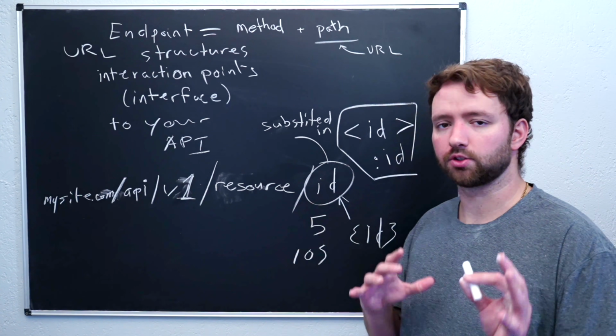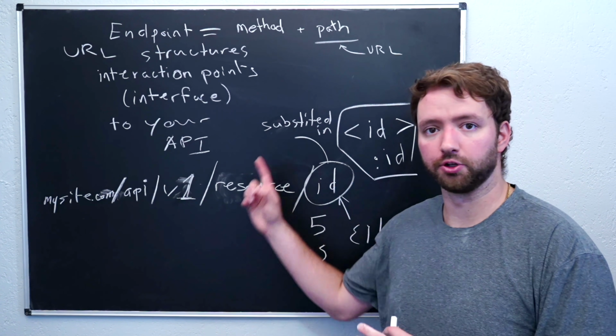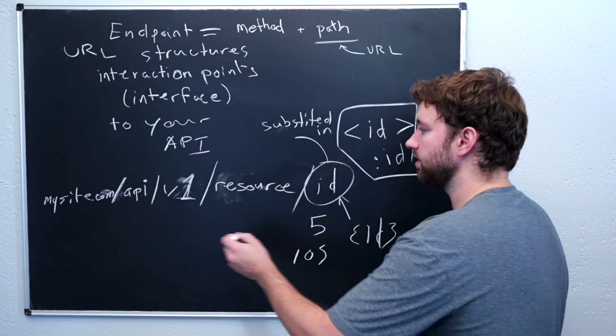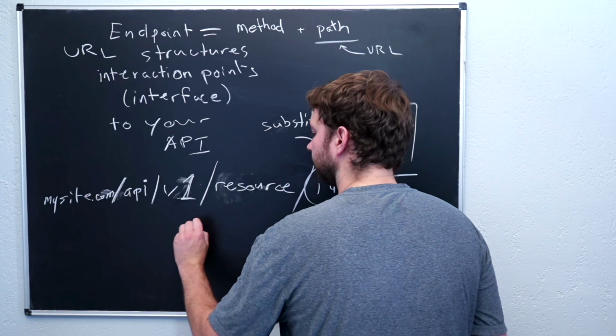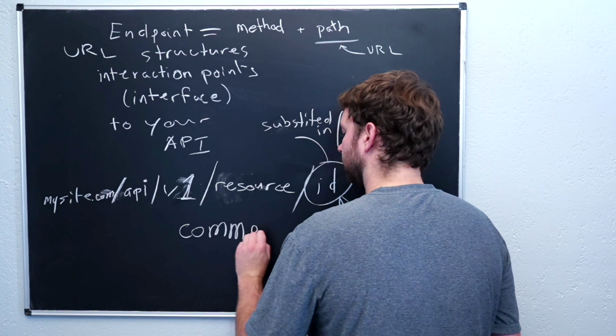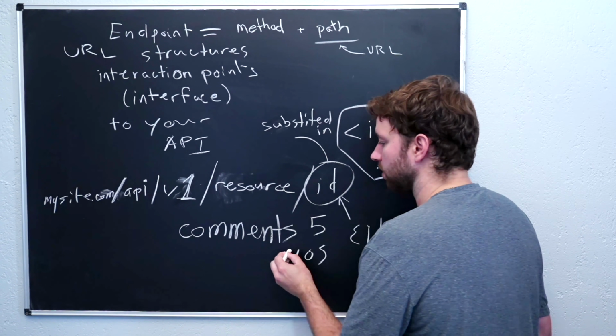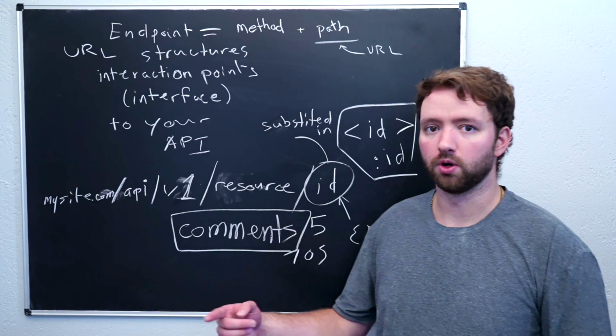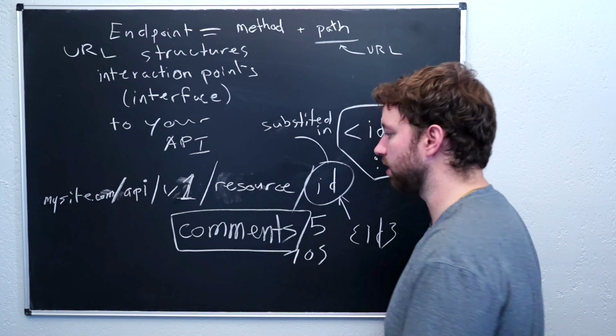However, there are some architectural designs with the way you structure your URLs and your code around the resource. So in this situation, let's say we are working with comments. Do you work with comments directly, or do you always work with comments through something else, such as the actual post?